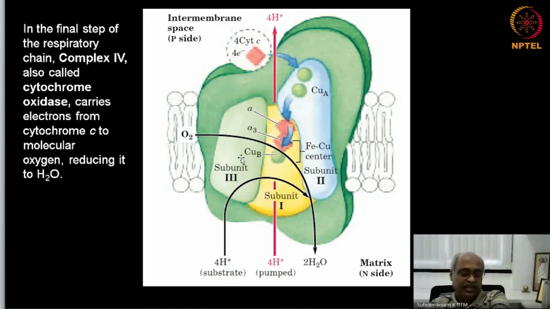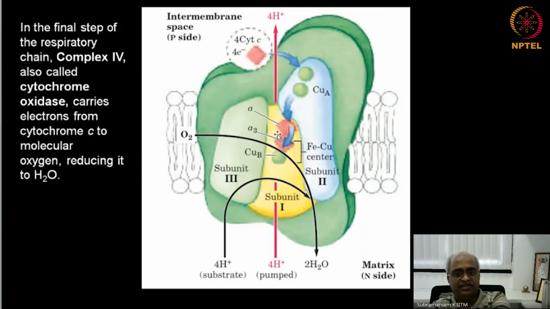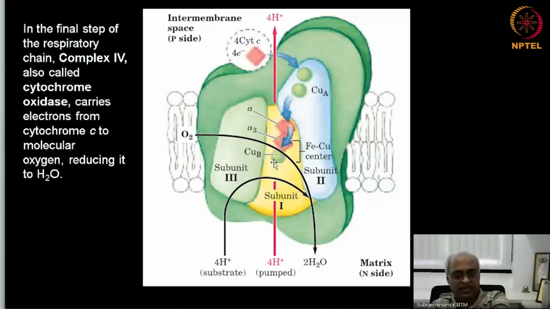In complex 3 we saw cytochrome B and cytochrome C1. Okay, I'm not talking about cytochrome C that is freely diffusible within the intermembrane space. And then here we are seeing the cytochrome A and A3, and these are the 2 heme moieties. And finally to another copper ion in subunit 1, and from there it is transferred to oxygen and producing water molecules. And as this electron transport happens, 4 protons are pumped across for every 4 electrons.